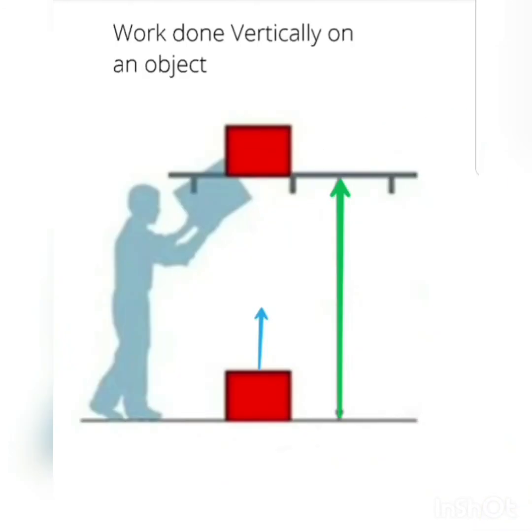Alright, now let's look into the work done vertically on an object. Let's assume now that an object is lifted up from point A up to point B. As it is being lifted up, of course, it is going to be lifted up by an applied force in an upward direction. Then it is going to again change in displacement in a vertical direction, which is in this case upwards.